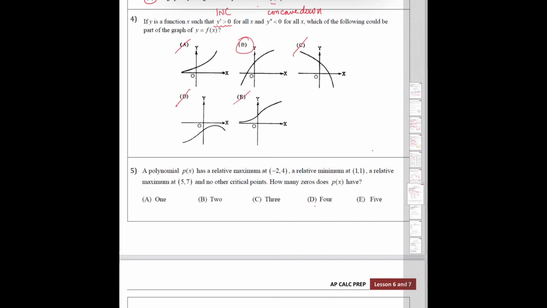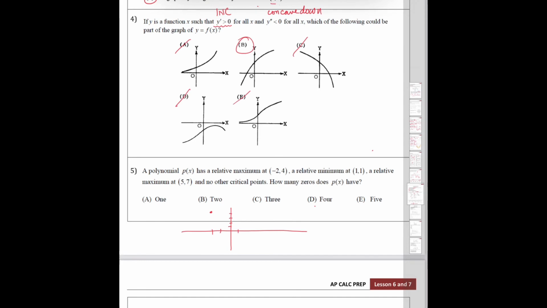Number 5. It says a polynomial p of x has a relative maximum at (-2, 4) and a relative minimum at (1, 1), and a relative max at (5, 7), and no other critical points. How many zeros does p of x have? So let's sketch it. It has a relative maximum at (-2, 4).